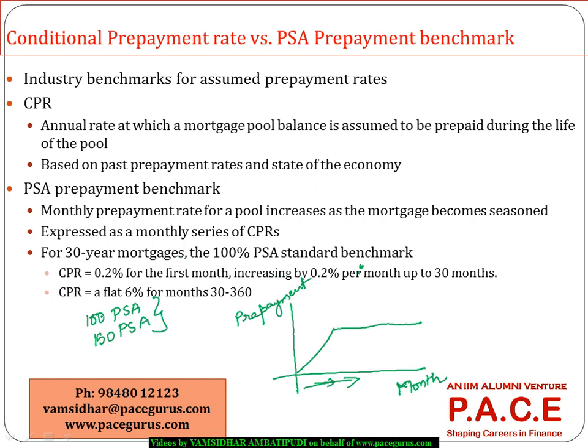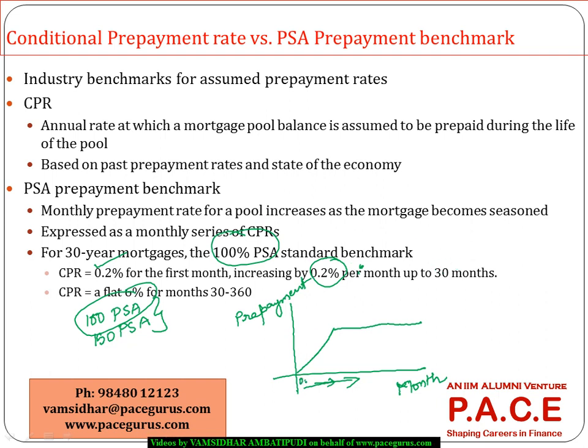In a typical 100% PSA, the CPR will be 0.2% for the first month, and increases by 0.2% per month up to 30 months.